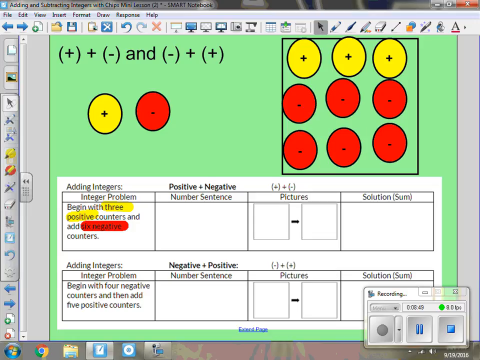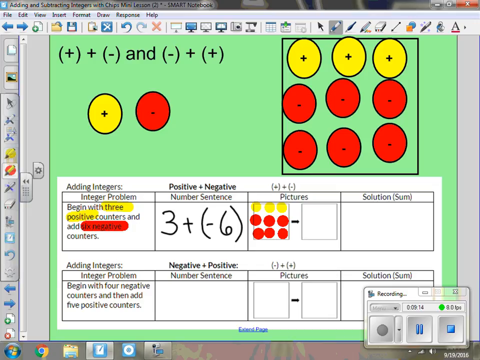And what I'm going to do now is I'm going to write out my number sentence. So I've got 3 positives, that's a positive 3, and then I'm adding 6 negatives, put that in parentheses to make it a little bit more clear. And now I'm going to draw the beginning of my party, everything that I've already got in my box, up at the top, 3 positives and 6 negatives.